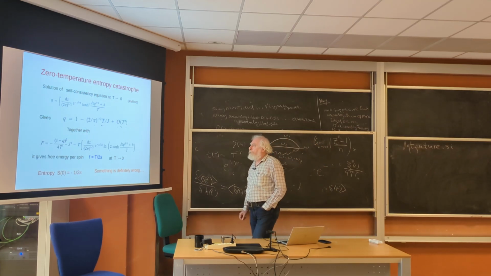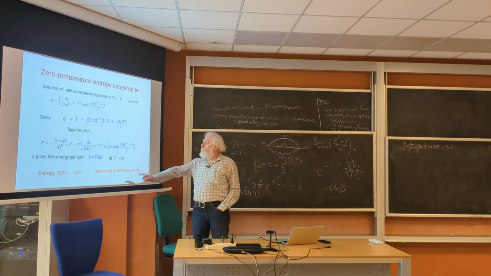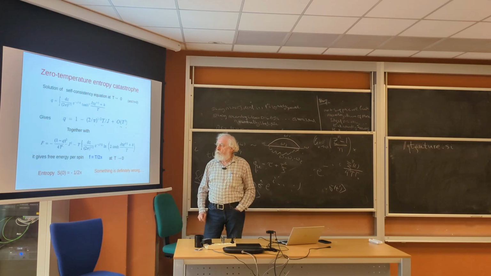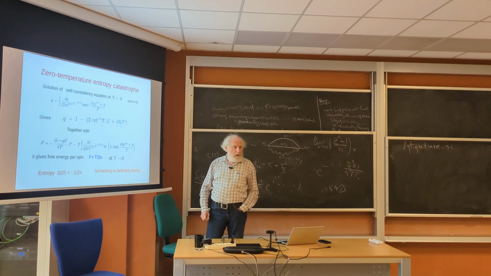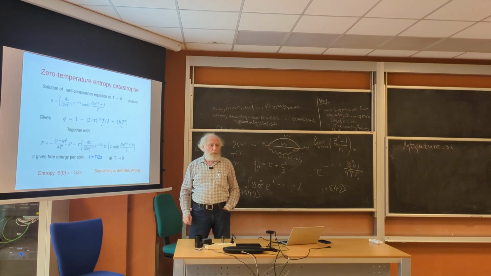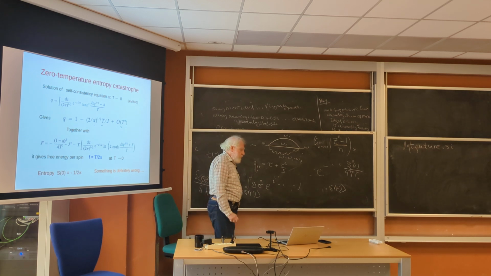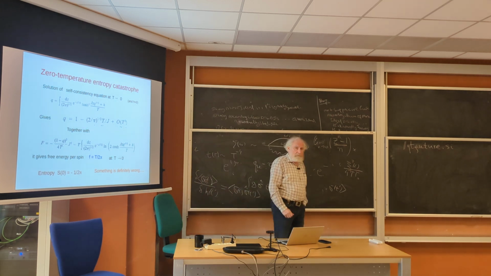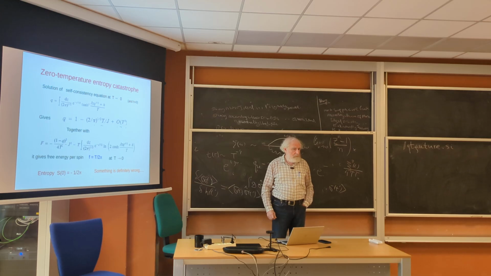Now we can use this solution and calculate free energy in the same limit. The result is that at low temperatures, the energy per spin is this, T over 2 pi, which is nonsense because it is equivalent to negative entropy. So something is definitely wrong.